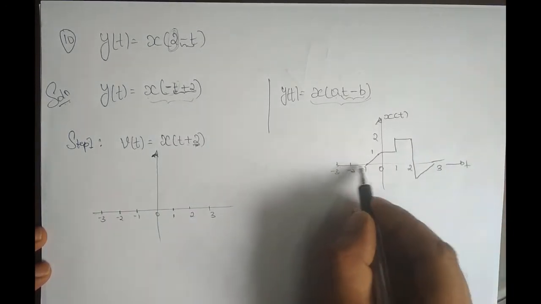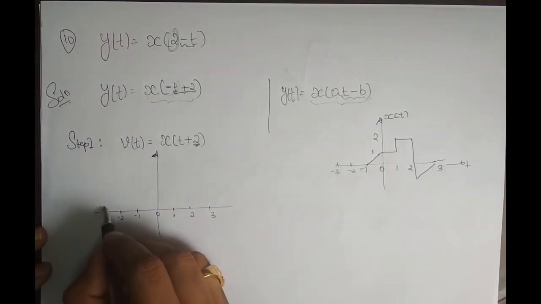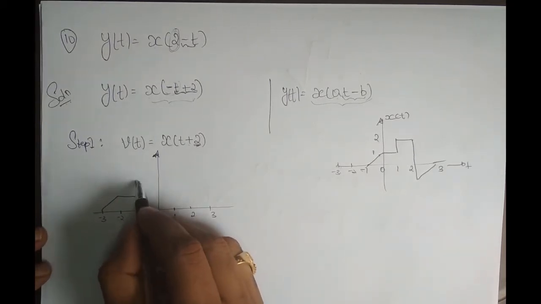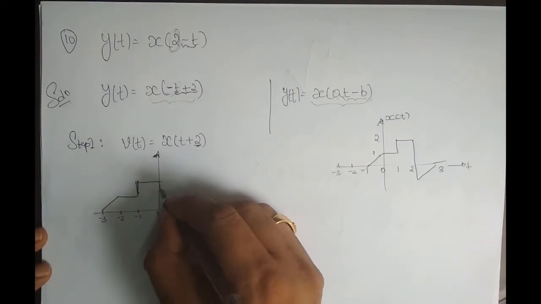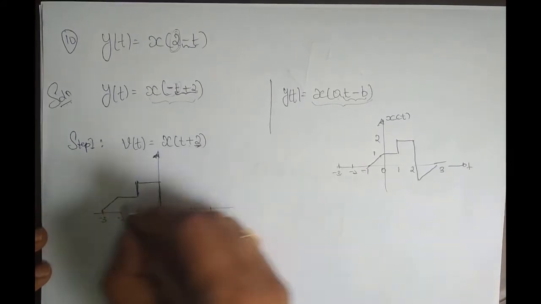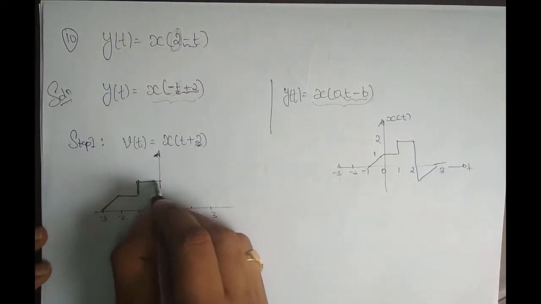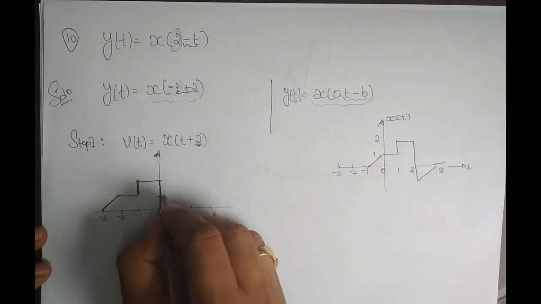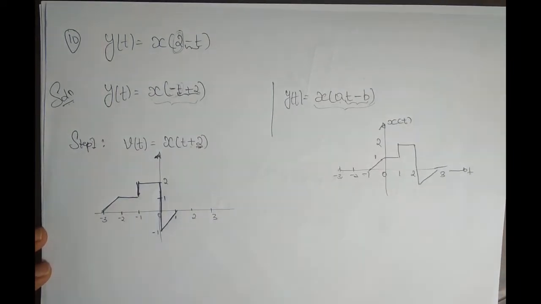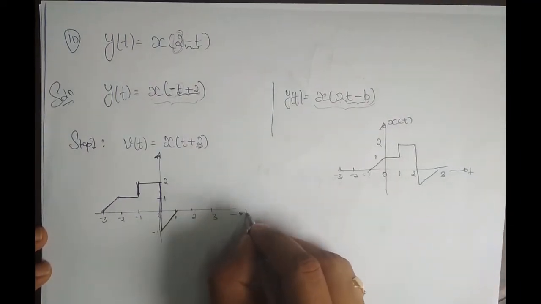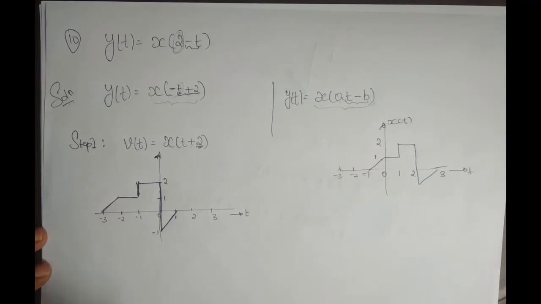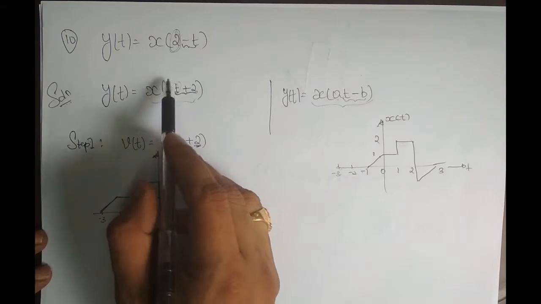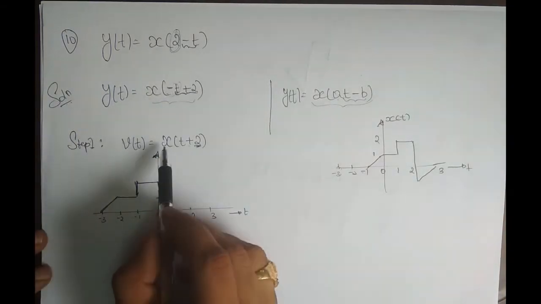The entire signal is shifted left by 2 units, so it starts from minus 3 and the pattern repeats. This is 1, this is 2, this is minus 1, and this is t. This is not our x of minus t plus 2. This is just x of t plus 2.